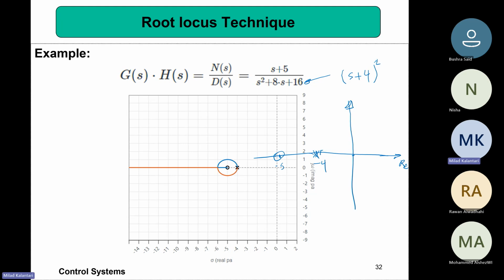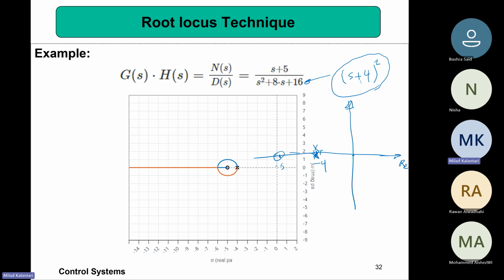Can it be -4 to -5? How many poles or zeros do we have on the right hand side? Basically, it is 2, right? This is a second order root, right? I put two roots together, so basically it's second order, right? It is even. So here is not a root locus then, right?